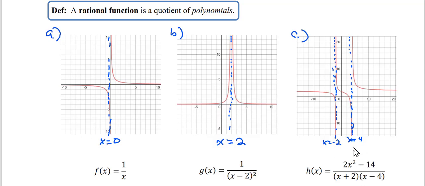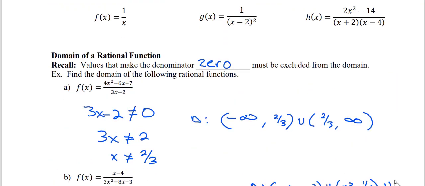That is an asymptote. Plugging in 4, I get 32 minus 14, which is 18, over, if I plug in 4, I'm going to get 6 times 0. So I'm going to get 0 in the denominator. All of these I have a non-zero over 0. Let's go back to our note here.